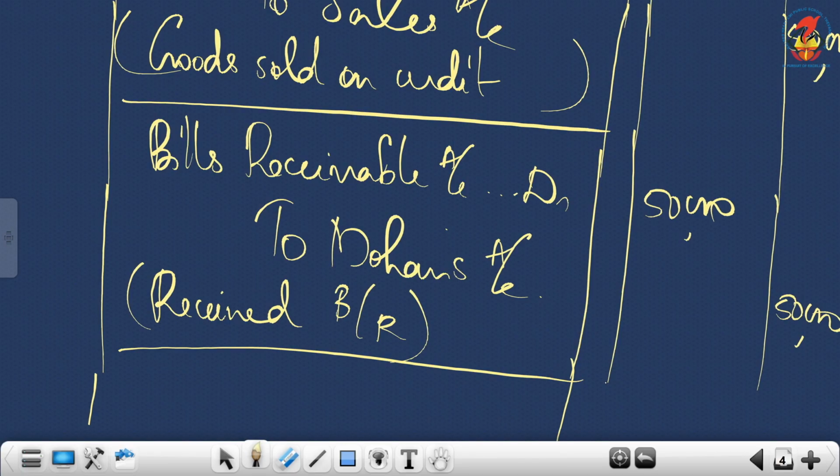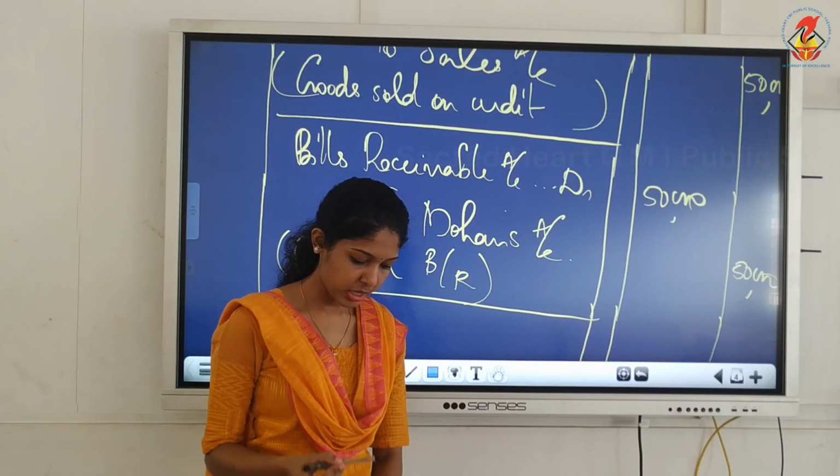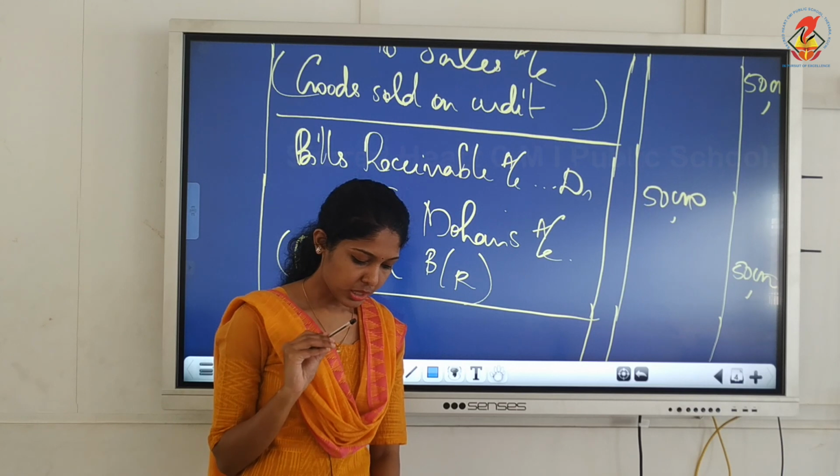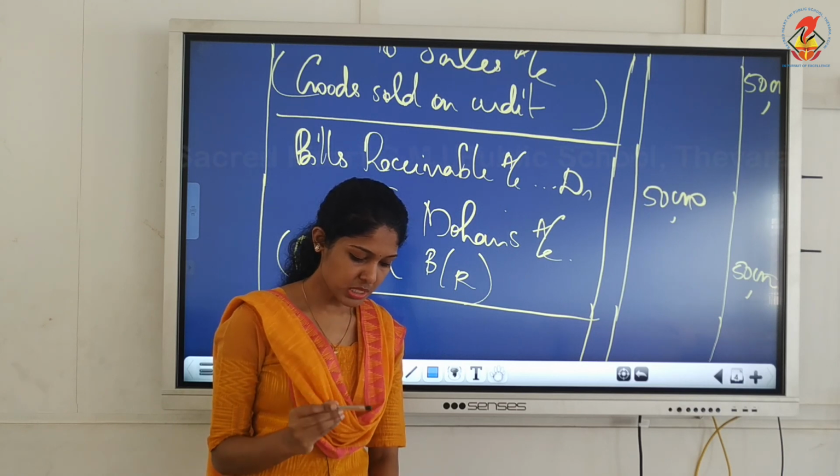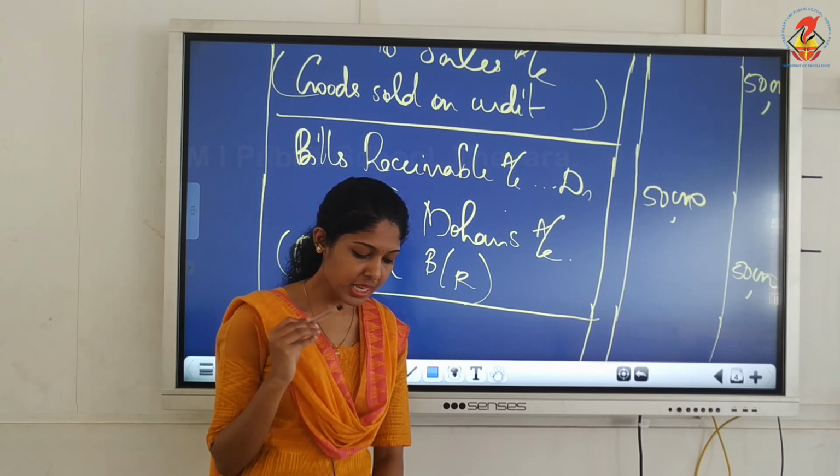Then finally, when you get the payment, it's written like on the due date the bill was met. Okay, the date is not specified actually, but it is written like on the same date Mohan accepted a bill drawn upon him by Ram at 3 months.